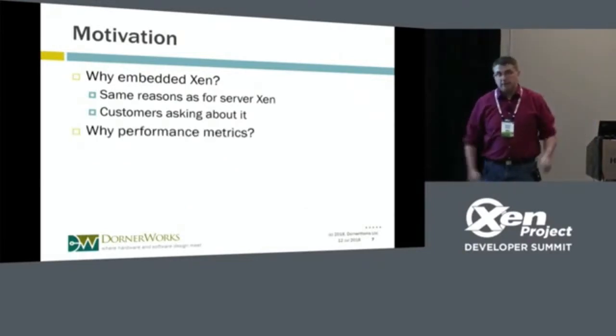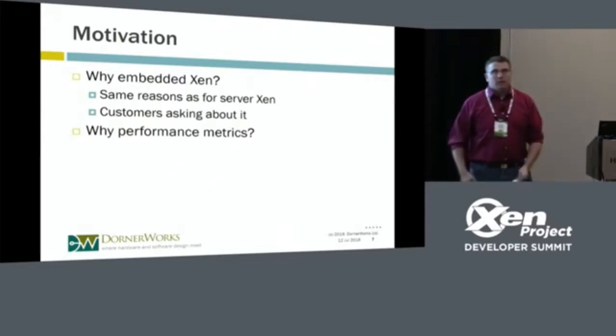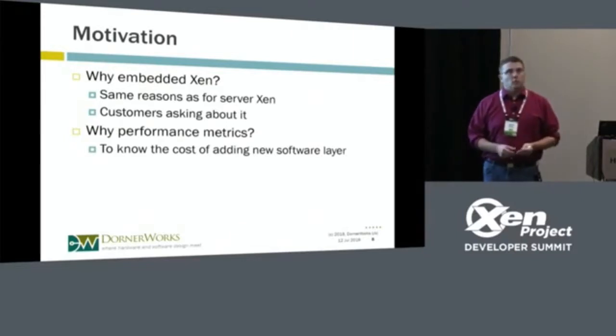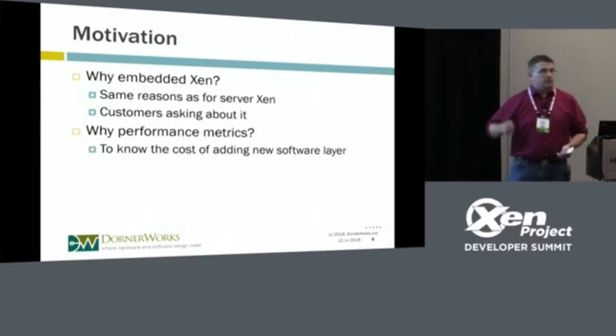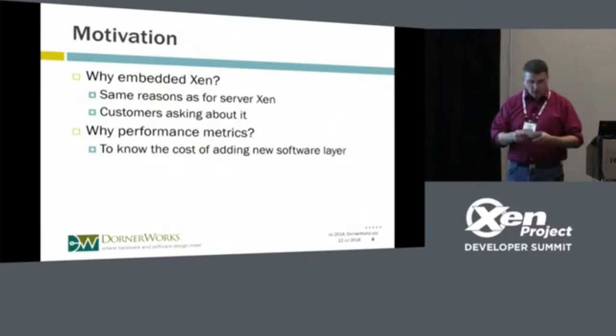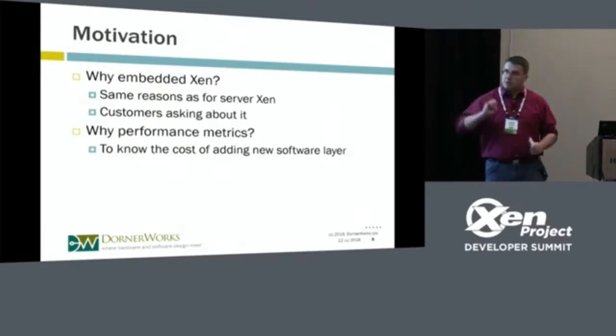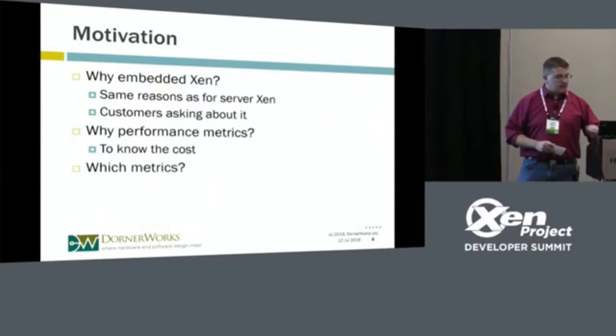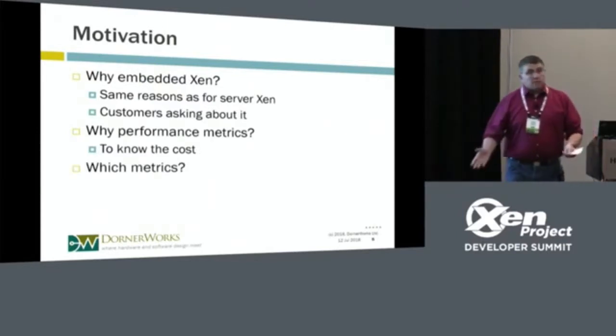Why performance metrics? Well, if you're going to add a software layer, customers are going to want to know the cost. Is it going to be memory space, latency, jitter, code size, overhead? The customers are going to need to understand what the cost of adding Xen is going to have on their system. So which metrics?